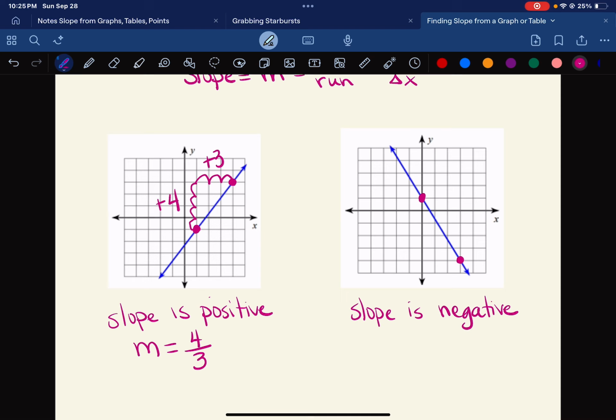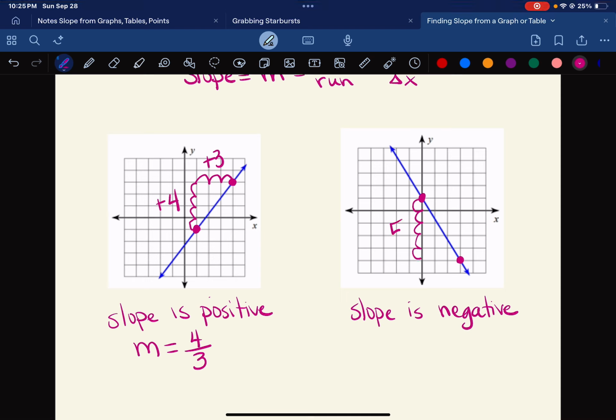So again, I always start with the point on the left, and we're going to count our rise over our run. And remember, rise is always in the y direction, and run is always in the x direction. Okay, so our rise is 1, 2, 3, 4, 5 steps down.